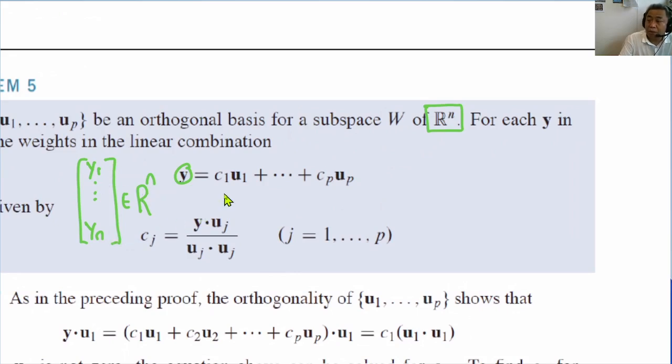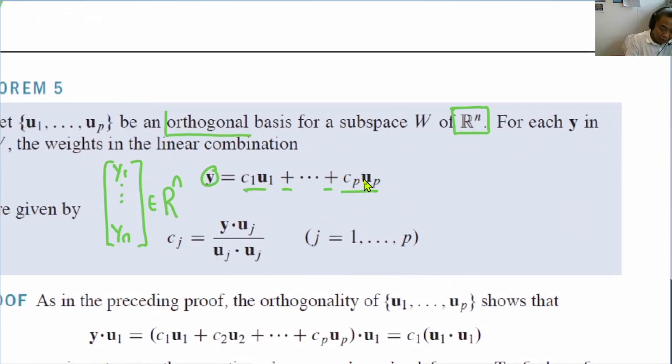It can be decomposed, that means it will be represented alternatively by a linear combination of u1 to up, and u1 to up is an orthogonal basis.